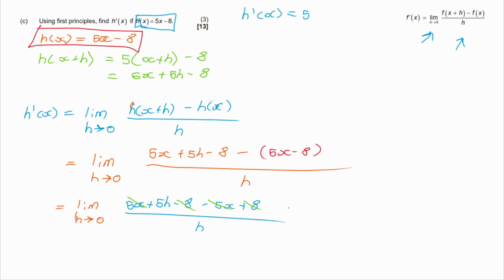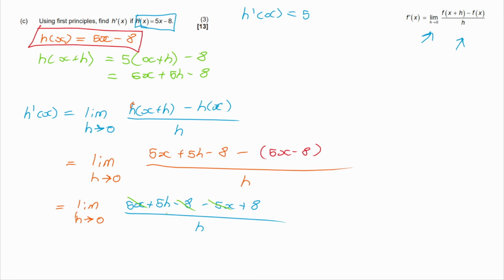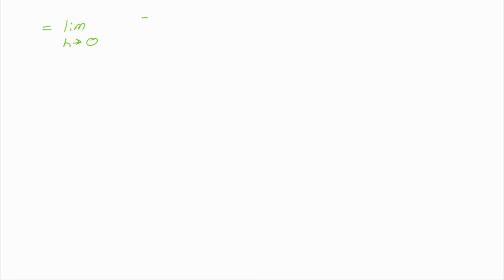If we move over to a new slide, this is equal to the limit as h tends to 0, and what's left is just 5h over h. We don't even have to take our common factor, because these can just cancel.